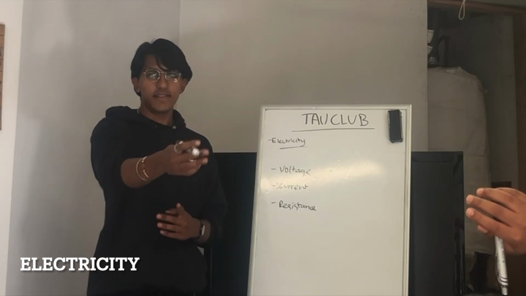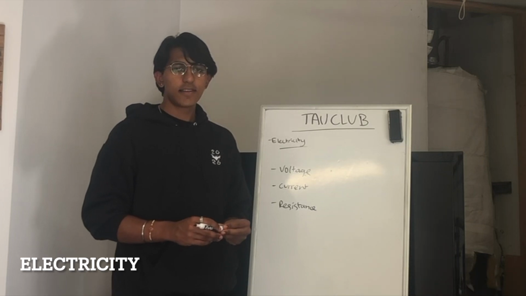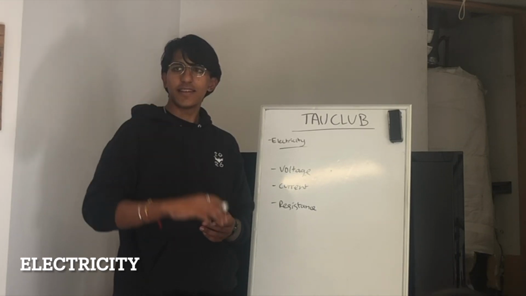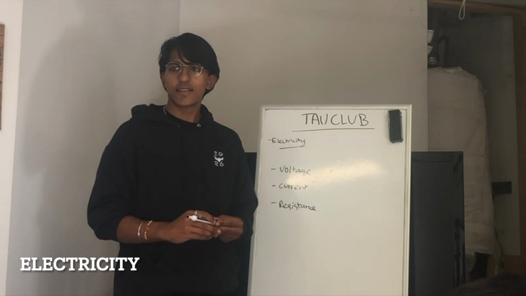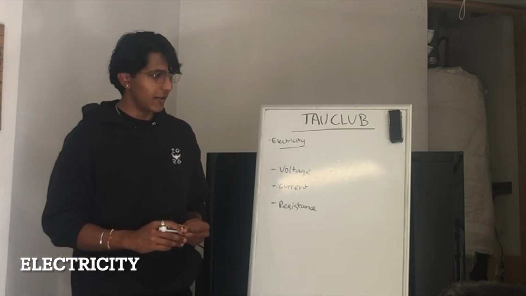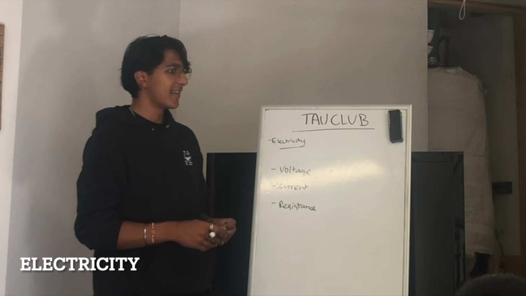Close. Yes. I think voltage is like ampere, like something. I think it's a term that you can use to describe like units of energy. Close. Yes. The amount of electricity that is getting produced.